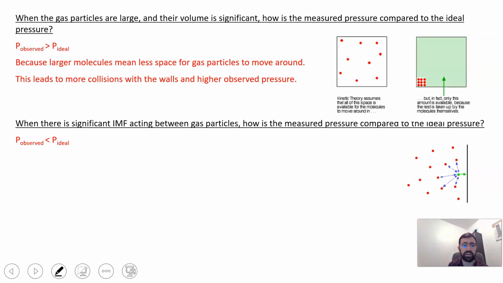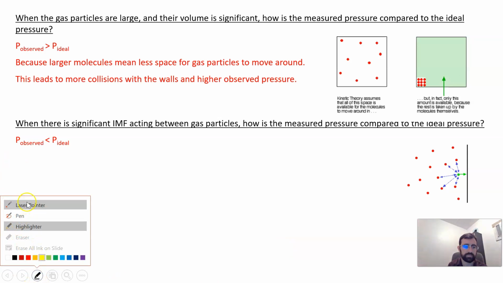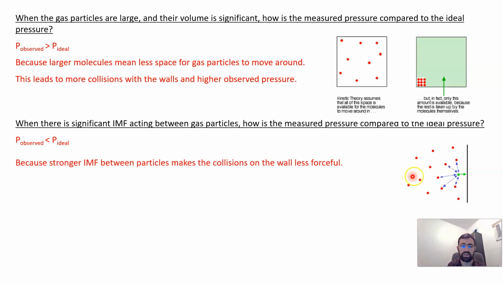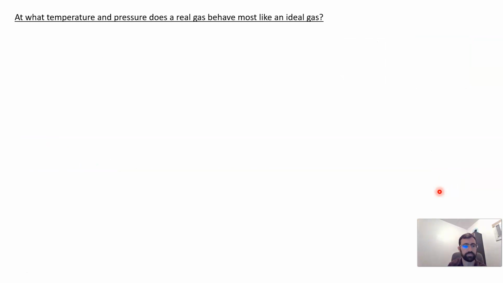If we have greater intermolecular forces, looking at our diagram here, that's going to slow that particle down. Stronger intermolecular forces make the collision to the wall less forceful, and that lowers the observed pressure. So observed pressure will be less than the ideal pressure.